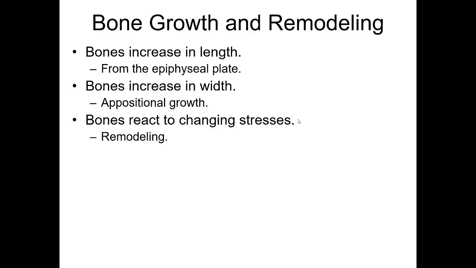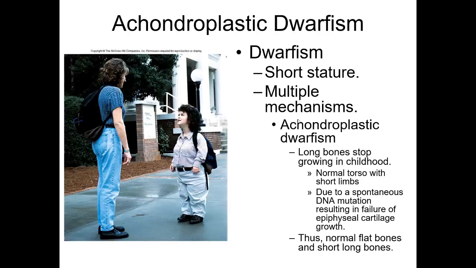Now this is a condition that only affects long bones, and this is because of a mutation that affects the epiphyseal cartilage of the long bones, where long bones stop growing in childhood. It does not affect any other type of bones except the long bones. And you can see in this picture where a person's torso continues to grow normally. It's only the long bones that stop growing.